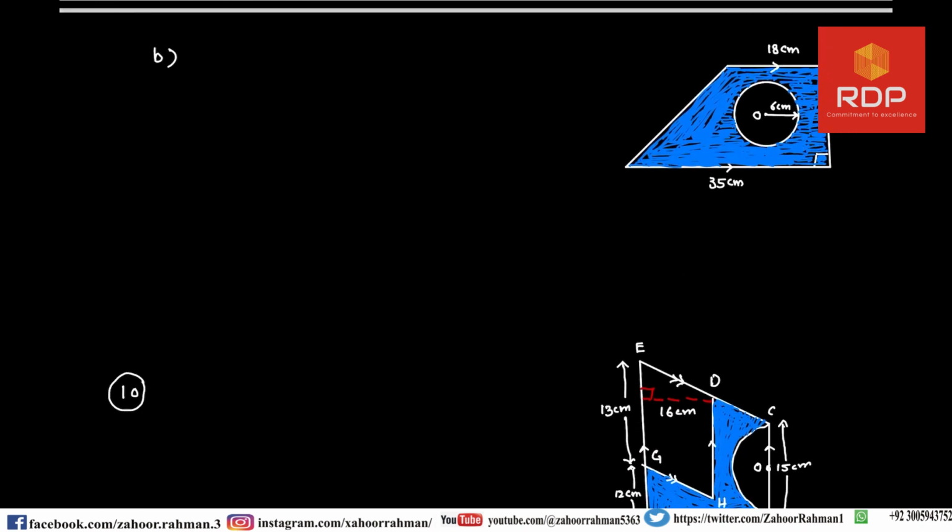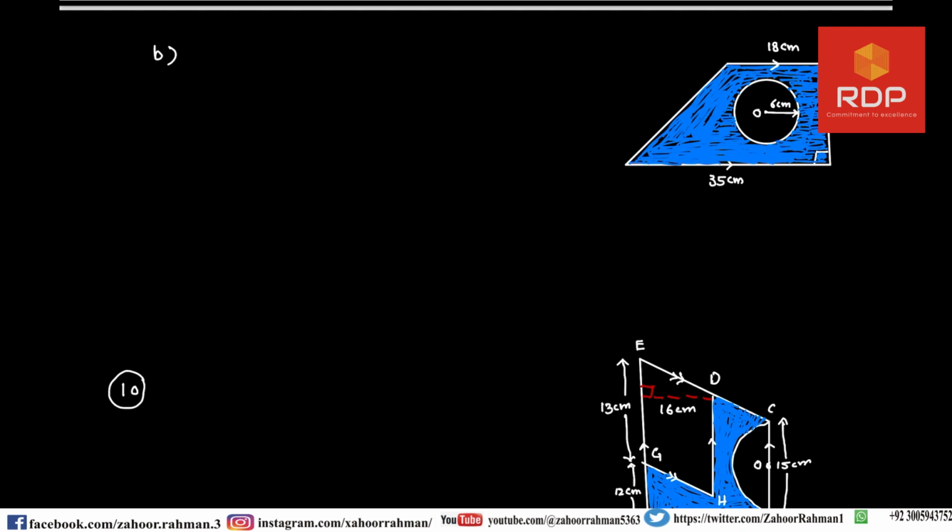Now the second part is B, and in part B we have to find the area of the shaded region in the following way.